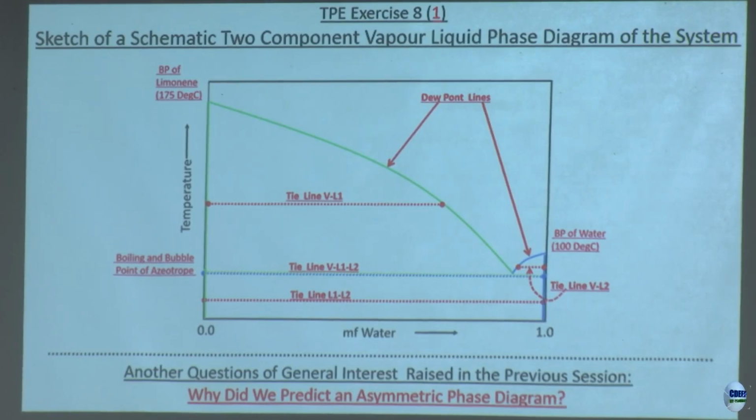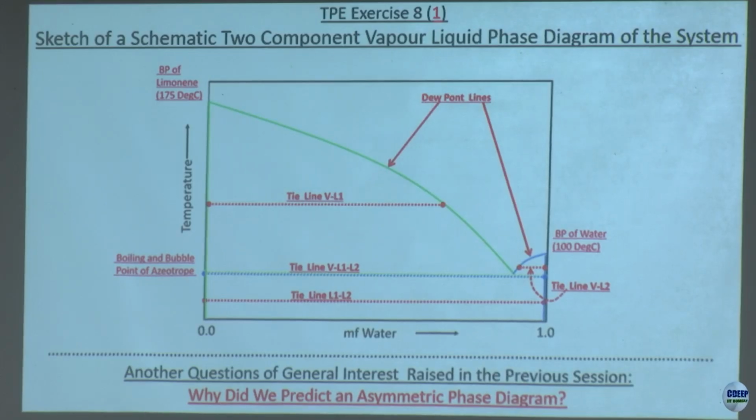The next thing was that we actually sketched a schematic 2-component vapor liquid diagram for the system. This is essential if you want to make use of minimal data to make a judgment and hypothesis about the result that you are looking for.